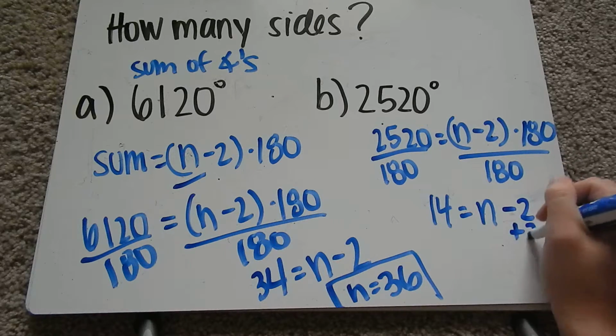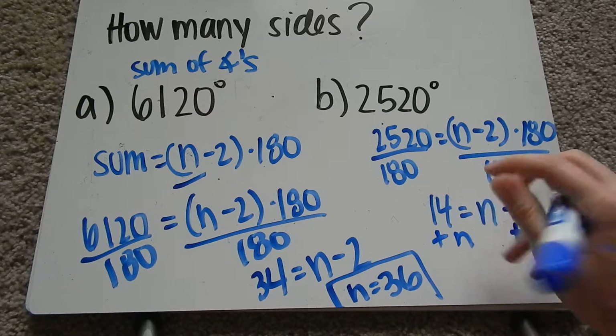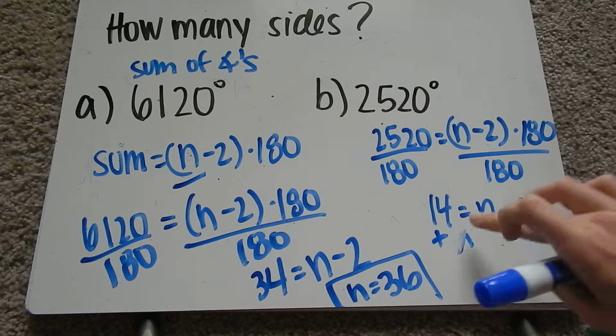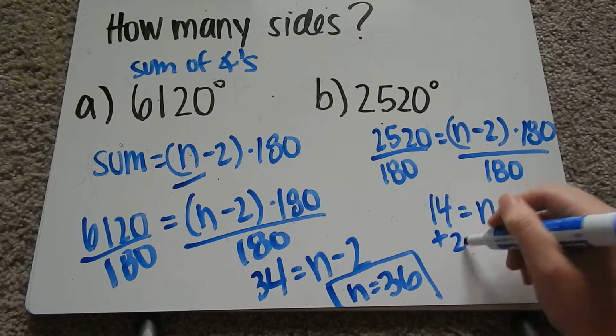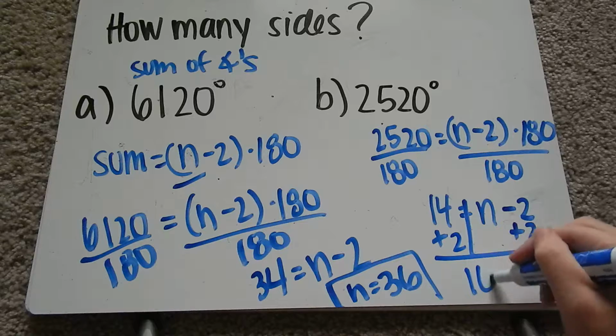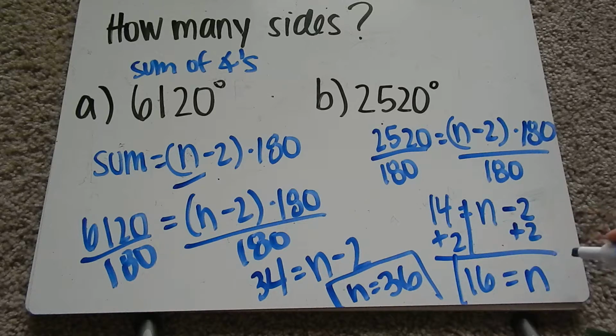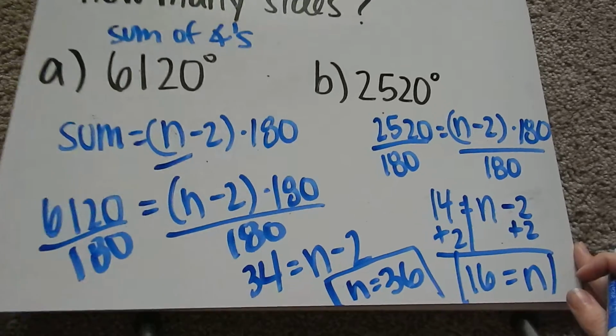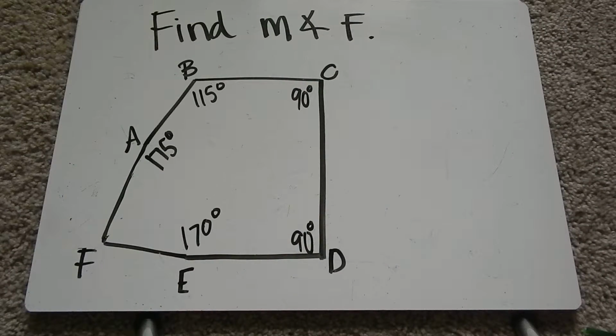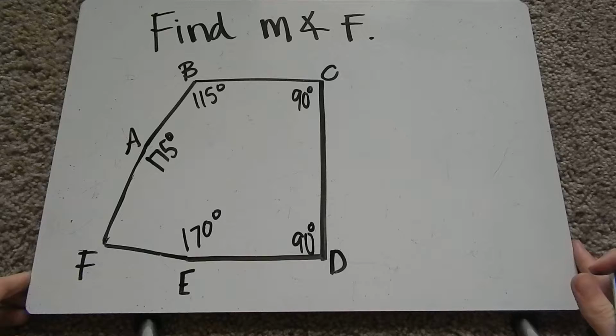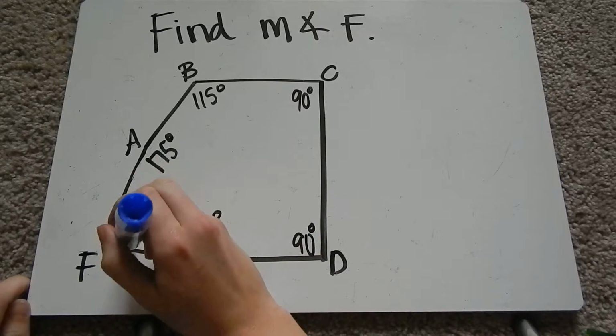Add 2 to both sides, and I get n equals 16. Easy enough.